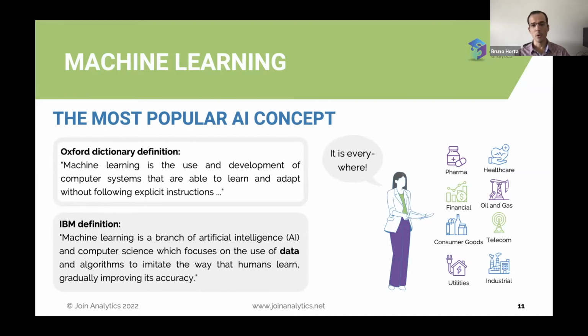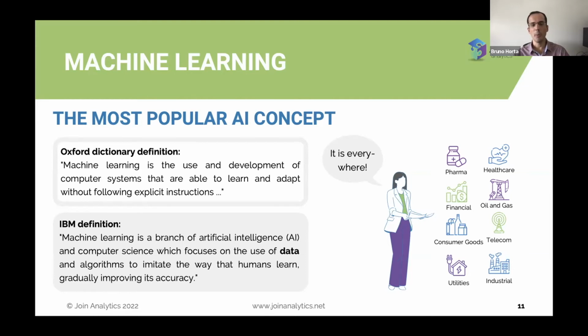So note that the word data is highlighted here, because machine learning learns from examples. So usually you start from a list of things that you have as examples, and you show that to the algorithm, and the algorithm has to learn the patterns and give the output. So for example, if you have pictures of cats or pictures of dogs, you can show these pictures of cats to the computer. That's a cat, that's a cat, that's a cat, some examples.